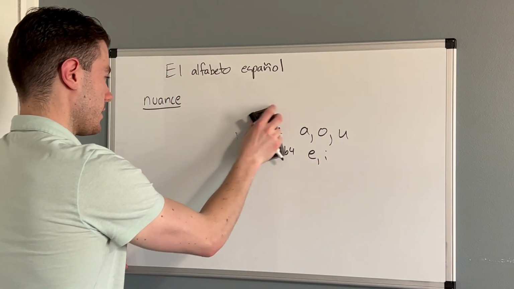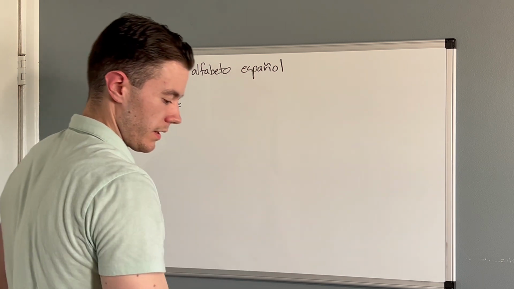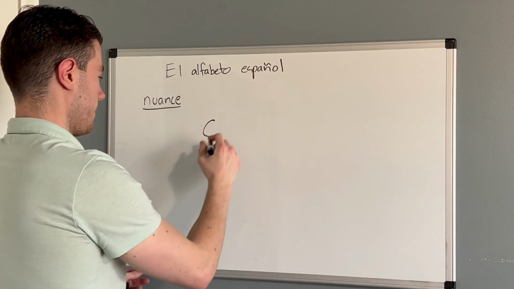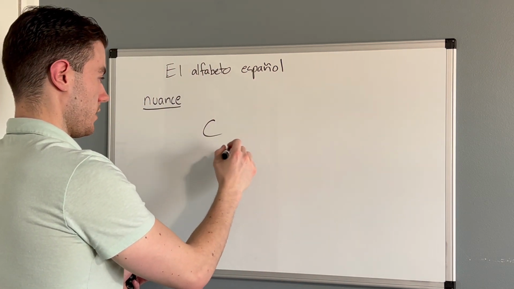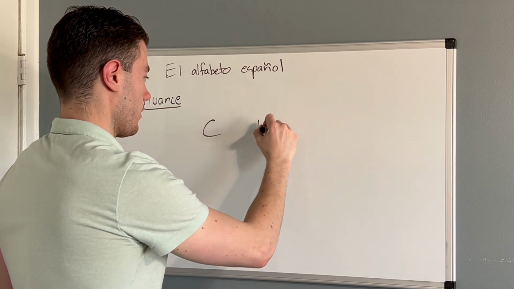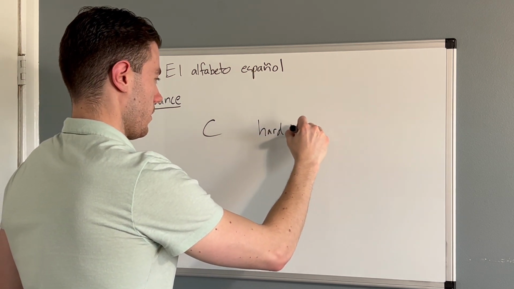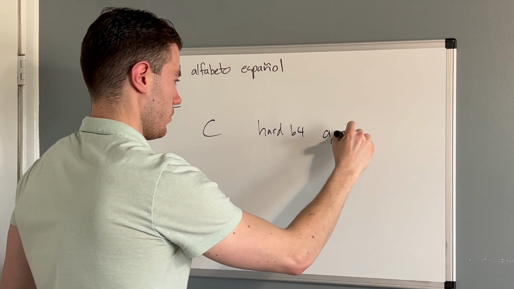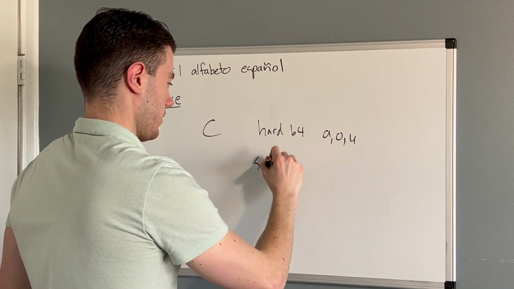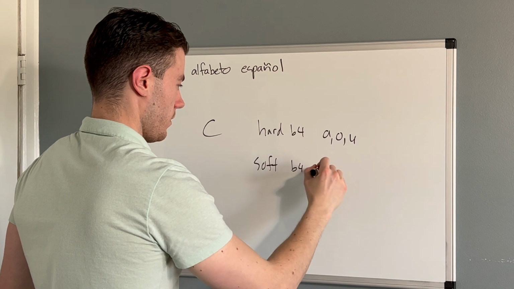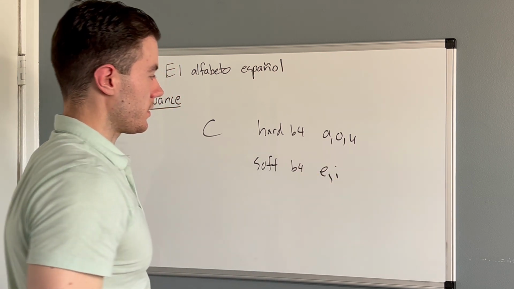Another letter that does this is C. It's the same rule. It's hard before A, O, and U, and soft before E and I. What does it sound like?